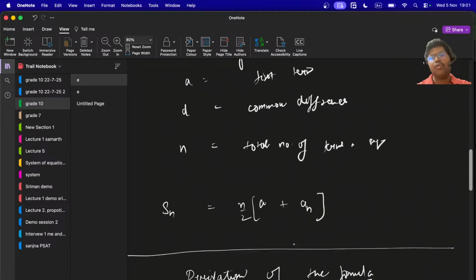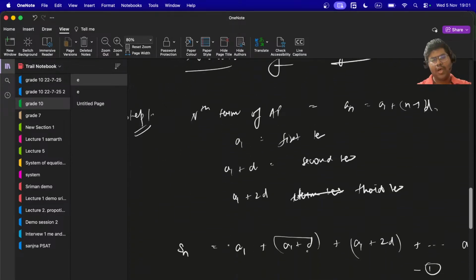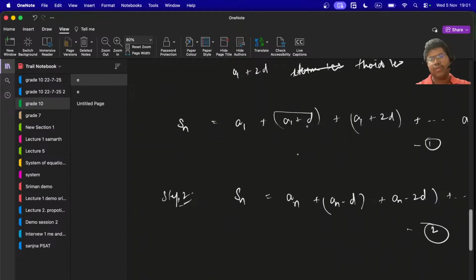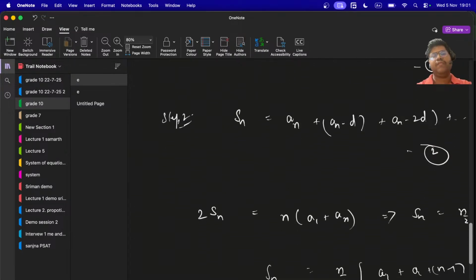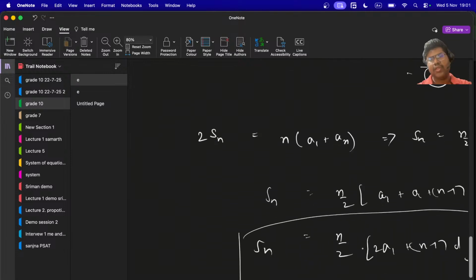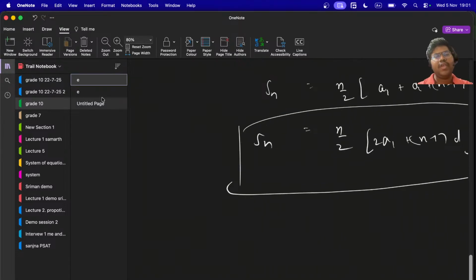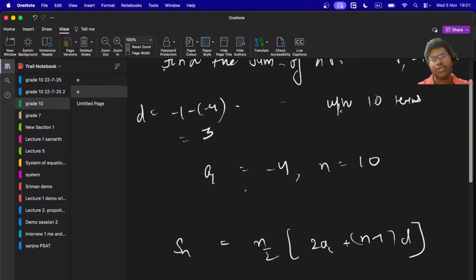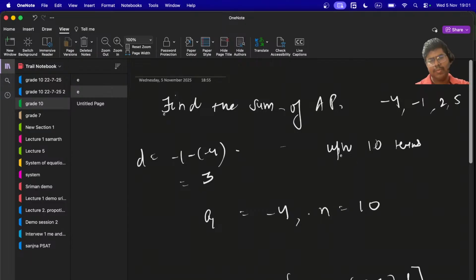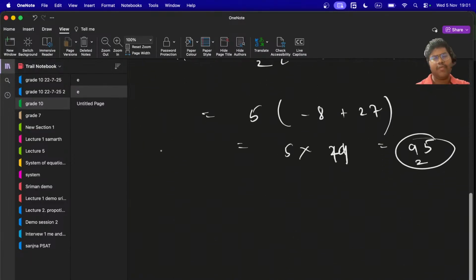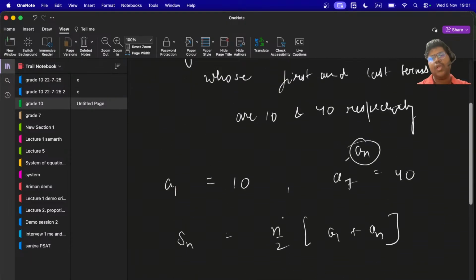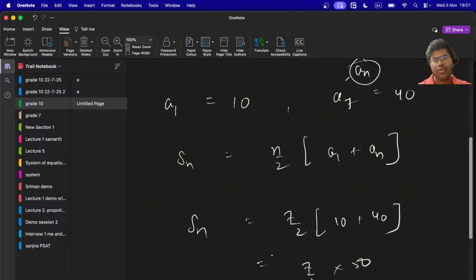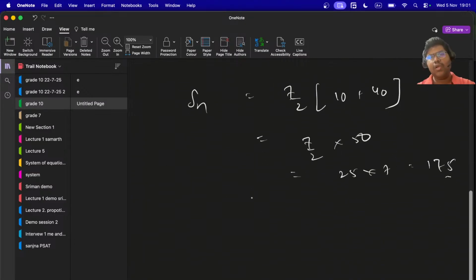Then we saw how to derive the formula by making two equations, one in increasing order and one in decreasing order, and then we just add up the equations and find the formula for the sum. Then we solved one question regarding the AP by finding it from the first and last terms, and then another question with the first and last term.